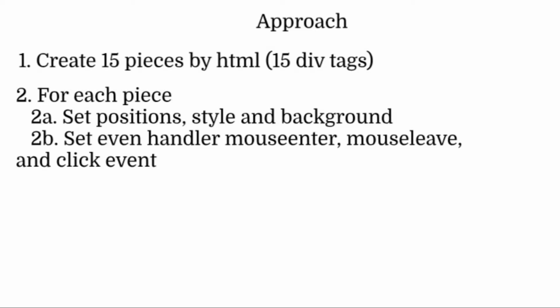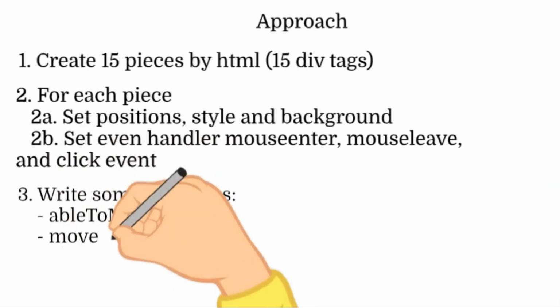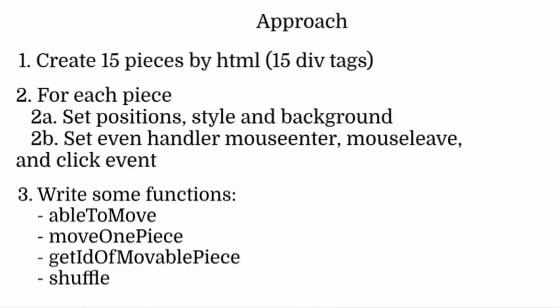Then we will assign some event handlers for each piece, such as click event, mouse enter, and mouse leave. These event handlers handle actions of the user when clicking on the piece, hovering the mouse on the piece, or moving the mouse out of the piece. During the process, we need to write some actions to check if a piece is able to be moved or not, and to move one piece from its current position to the empty space position.